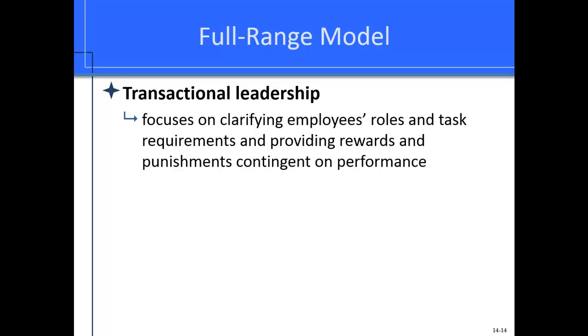Transactional leadership focuses on clarifying employee roles and task requirements and providing rewards and punishments contingent on that performance. It encompasses the fundamental managerial activities of setting goals and monitoring progress towards that achievement.